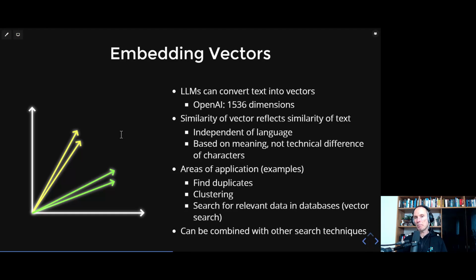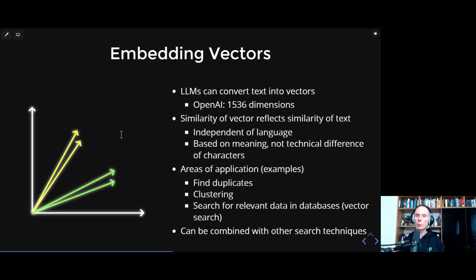Obviously, you can combine vector search and vector algorithms with other search techniques. If the user says, I am looking for data about process XYZ, and the user knows that only documents which come from a certain area or chapter of your knowledge base are relevant, you can filter the entirety of the knowledge base articles with traditional filtering and then apply vector search to a part of your knowledge base.